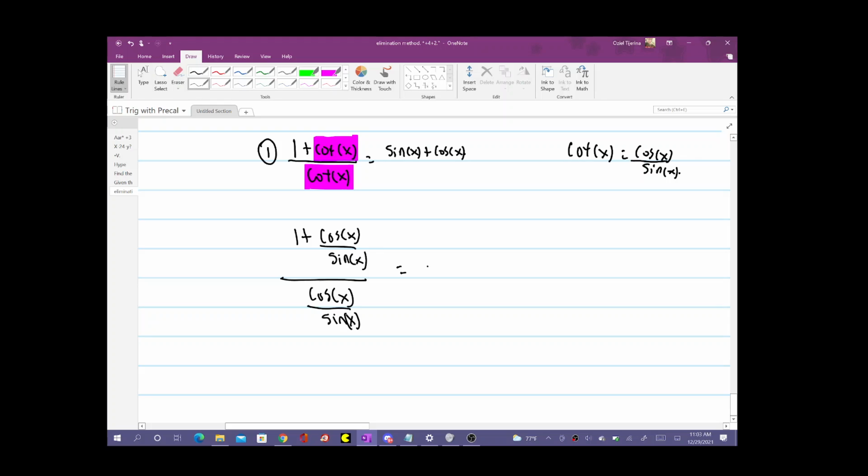If it's already in terms of sine x and cosine x, you don't have to do anything. This cannot be simplified any further. So anytime you have it in terms of cosecant x, tangent x, cotangent x, secant x, or any one of those, just make sure that you put it in terms of sine and cosine.